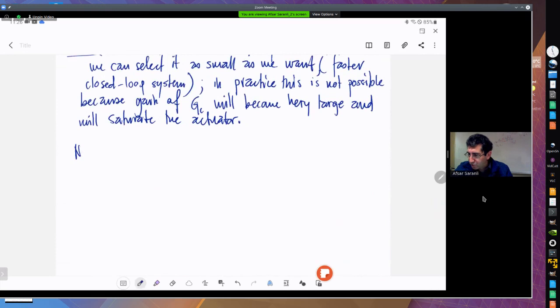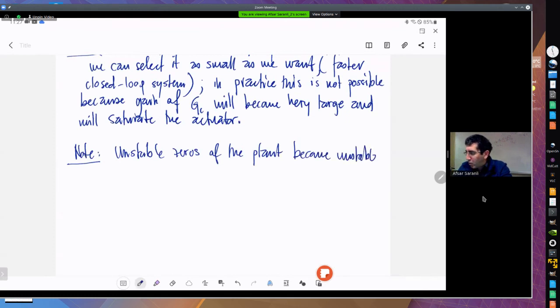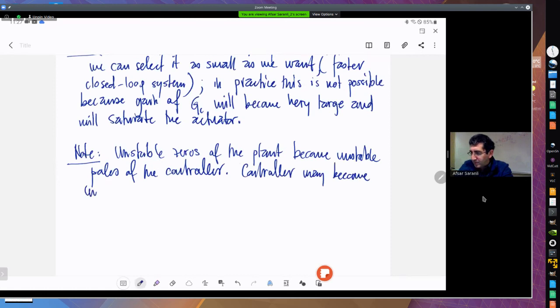Also, another note, which we have discussed, unstable zeros of the plant become unstable poles of the controller. So controller may become unstable.